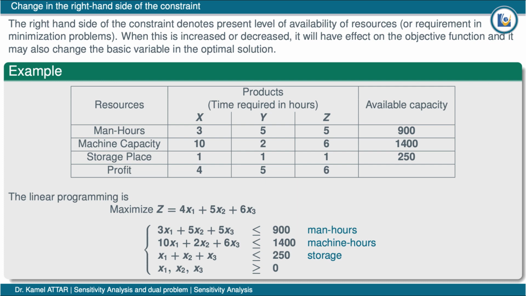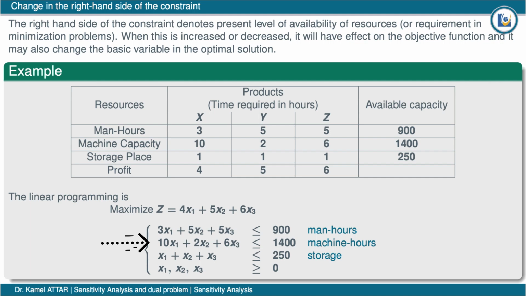The profit contributions of products X, Y, and Z are $4, $5, and $6 respectively. We can formulate a linear programming problem to maximize the profit. As you see, we have three variables, x1, x2 and x3, and three constraints. The first constraint means the processing time of man-hours should not exceed 900 hours.